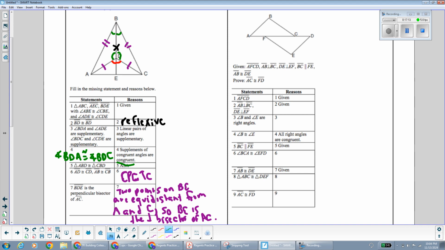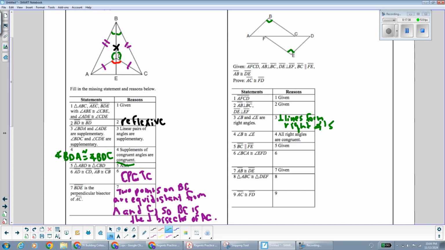Okay, so AB is perpendicular to BC, so that means a right angle is formed where AB and BC intersect. DE is perpendicular to FE, so that means a right angle is formed where they intersect. And that's due to the fact that perpendicular lines form right angles.